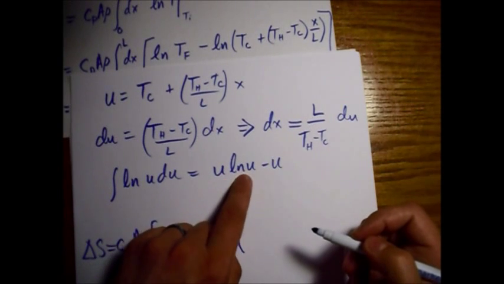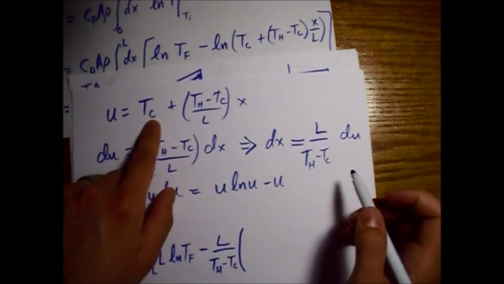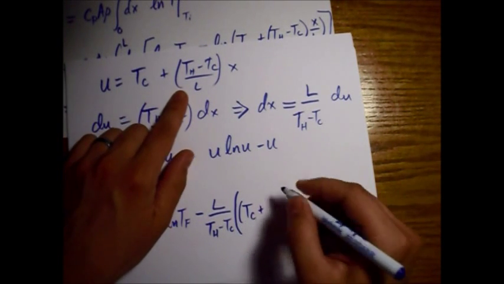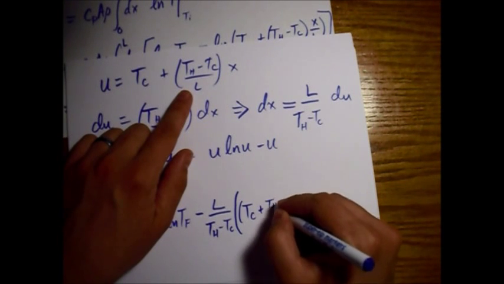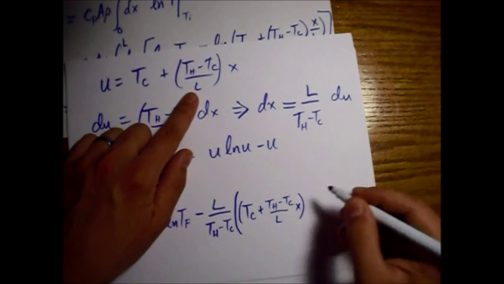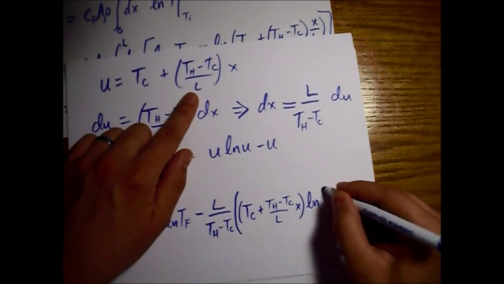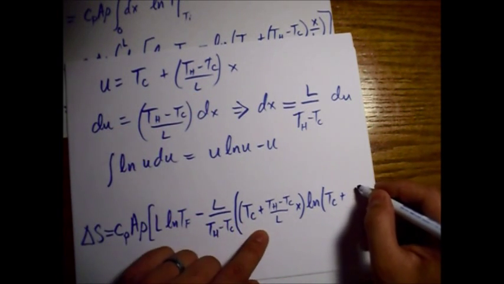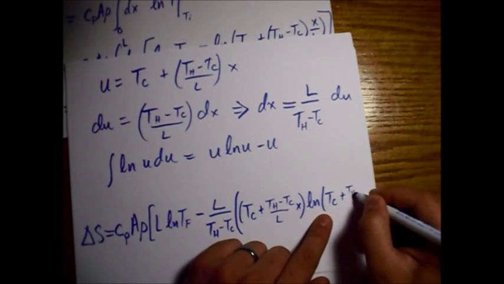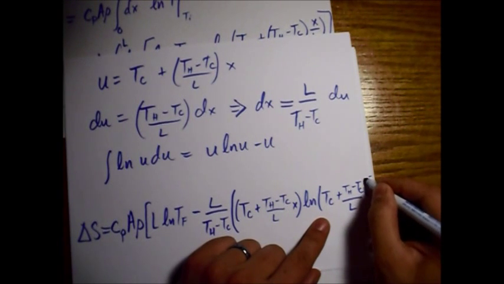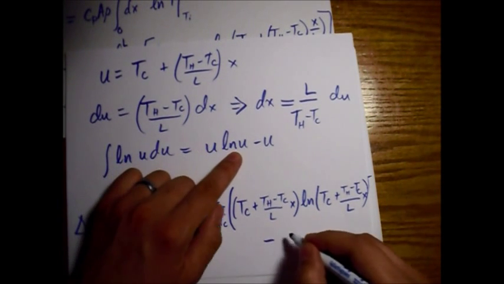I'm just going to write u ln of u minus u, except I'm going to put this in instead of u. So lots of parentheses ahead. So here's u. Now we need natural log of u, same thing again. So u ln of u, (Th minus Tc) over L, and then the minus u.